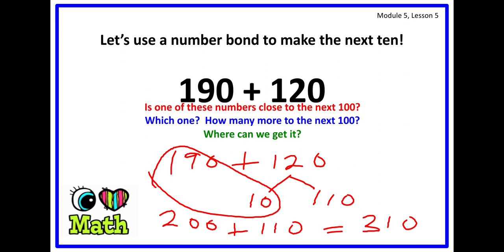So therefore, we will have to break the 120 into 10 and 110. So when we add the 10 we have broken to the 190, we now have a complete 100, which is 200. So we are now adding 200 and 110. And this will give us 310.